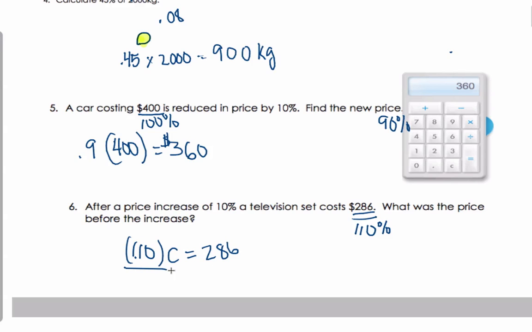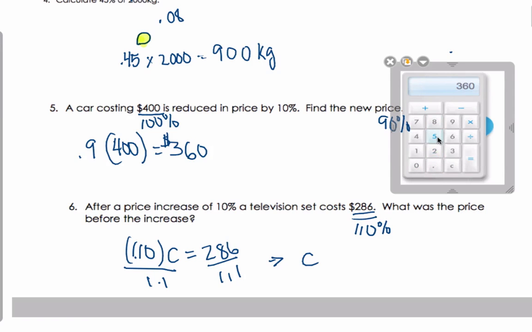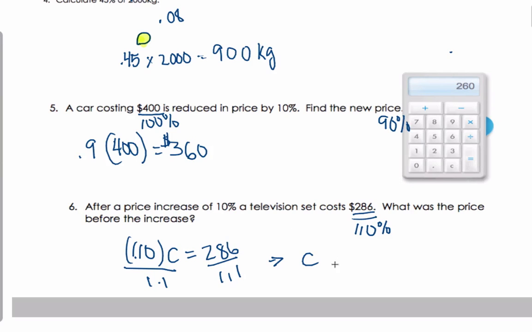So to solve that, I divide by 1.1, and I get C is equal, using the calculator, to 286 divided by 1.1, and my original cost of the TV set is equal to $260.